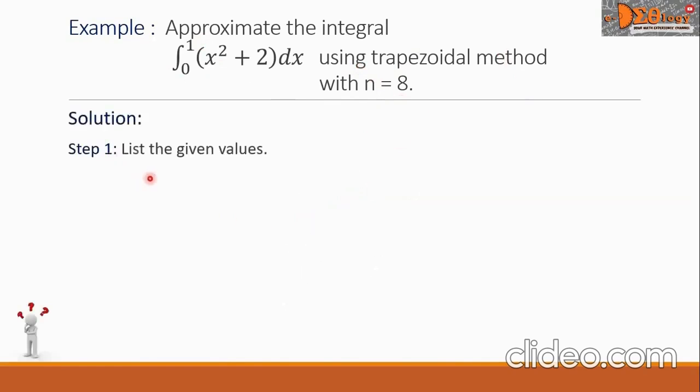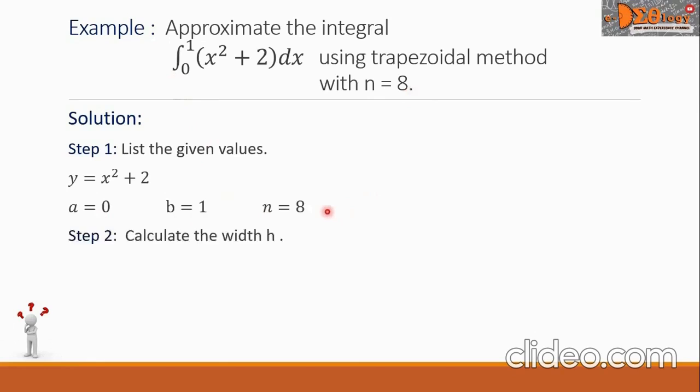Step 1 is to list the given values. First, we have y equal to the function x squared plus 2. Then, the lower and upper limits respectively: a equals 0 and b equals 1. And n is given as 8.